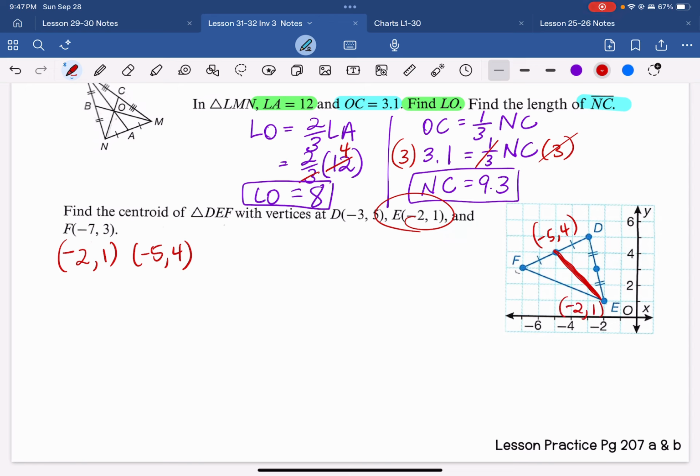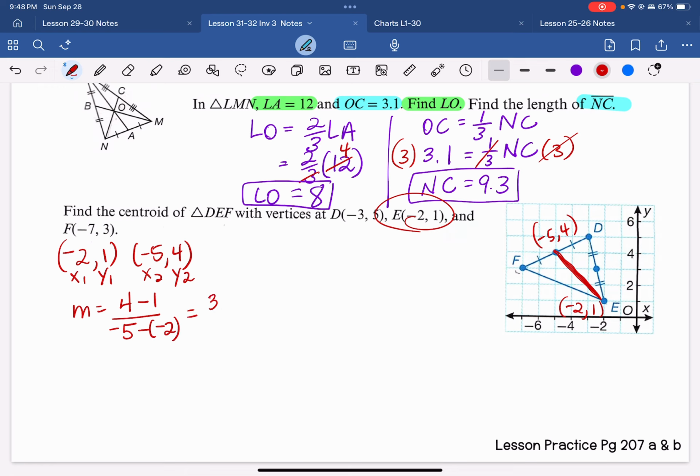Okay, so remember, we have x1, y1, x2, y2. The slope formula says to take y2 minus y1 over x2 minus x1.